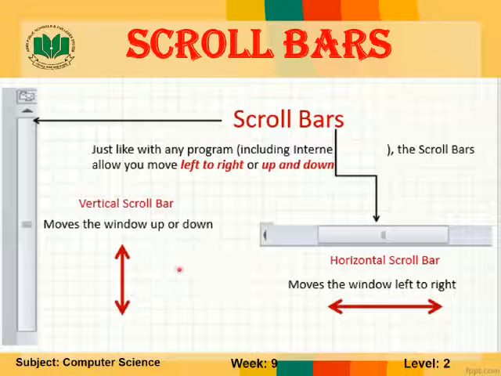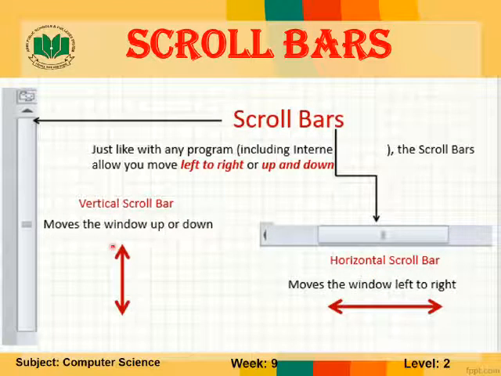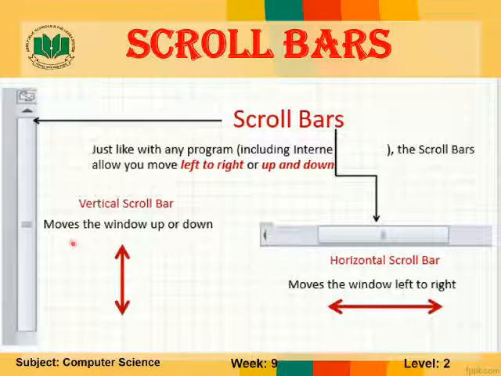Scroll bars. There are two types of scroll bars. The first one is the vertical scroll bar and the second one is the horizontal scroll bar. We use the vertical scroll bar when we want to move the window up or down.